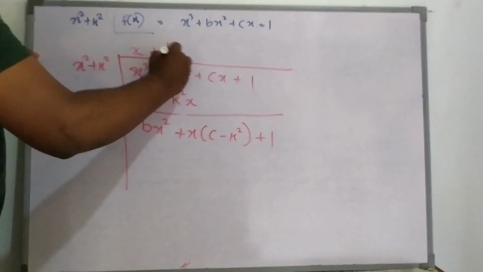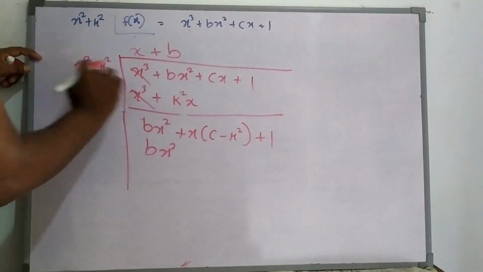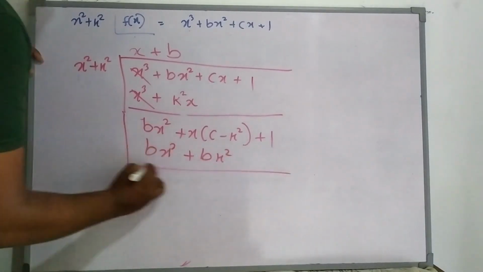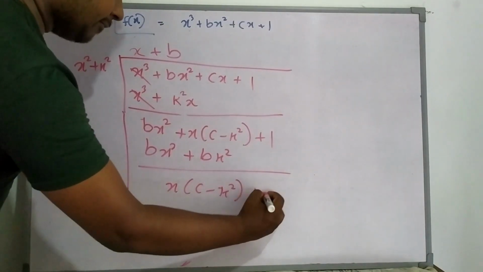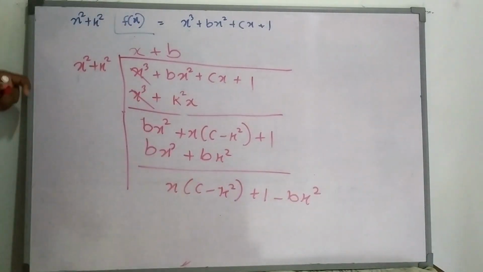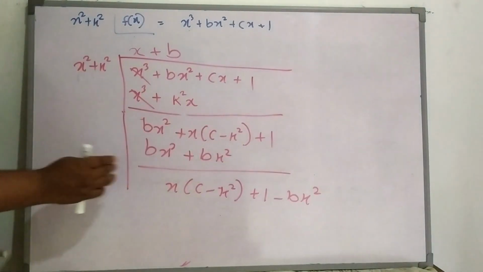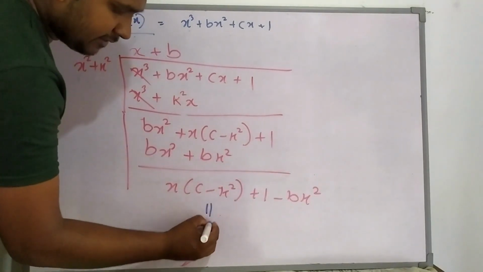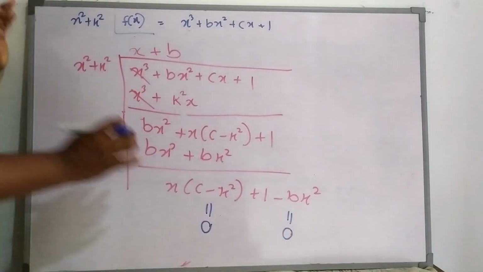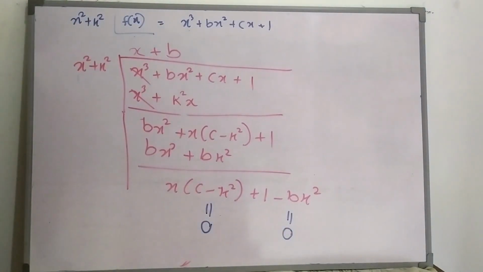So we need to cancel bx squared, bk squared. Then x(c minus k squared) plus 1 minus bk squared is our remainder. We can't simplify it further, and x squared plus k squared is a factor of f(x). A factor of f(x) means this part and this part should be 0, because there is no remainder.